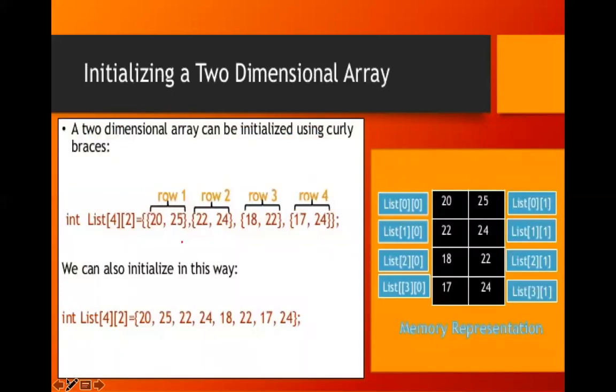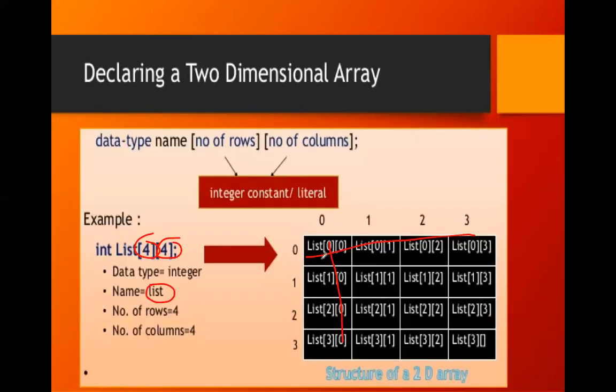See, here the list 0th row and 0th column. This is 0 and this is 0. So here it will be represented, and 0th row first column, 0th row second, 0th row third.